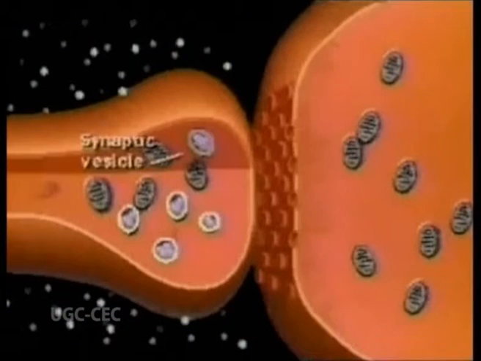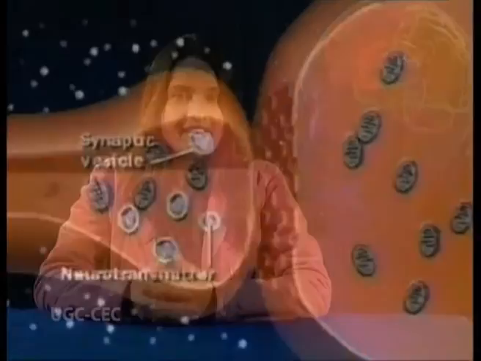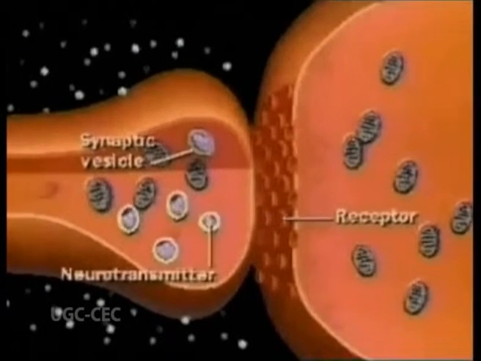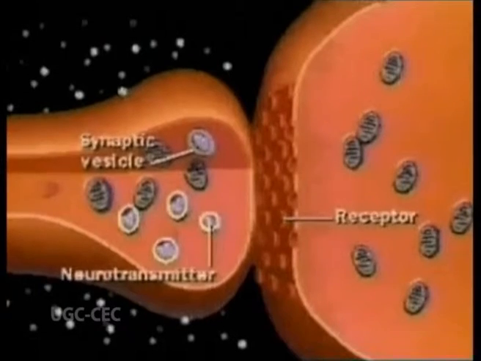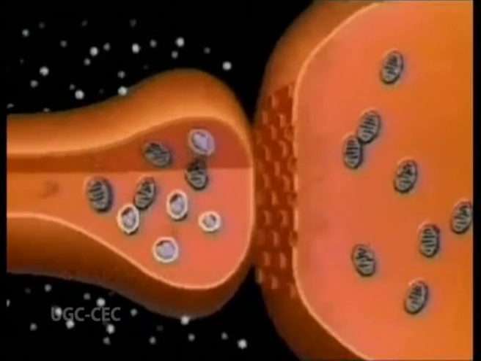When the nerve signal reaches the synapse, it causes the release of chemical messengers, that is the neurotransmitters, from the storage vesicles. The neurotransmitters travel across a minute gap between the cells and then interact with the protein molecules, that is the receptors, located in the membrane surrounding the signal receiving neuron.